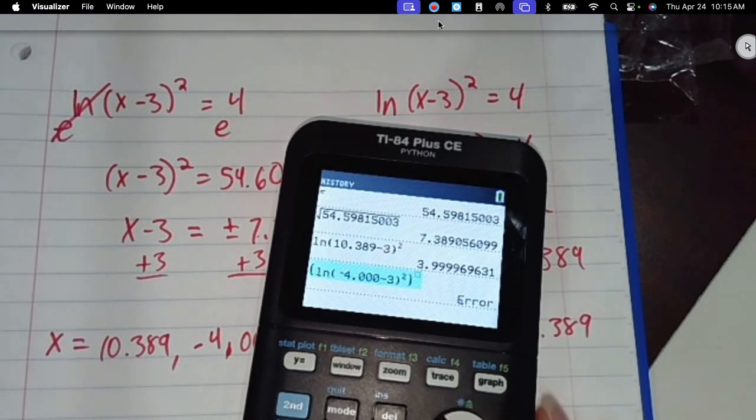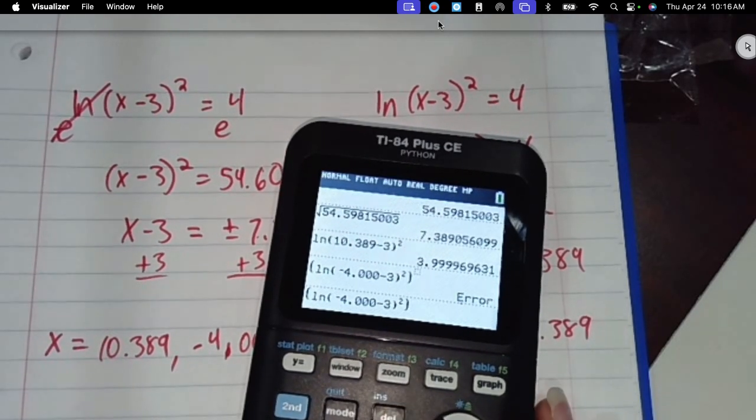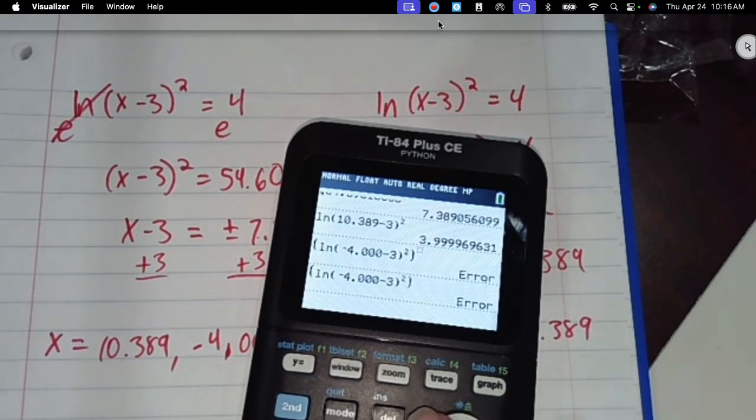Where's it at? I have natural log. I don't need that. Of negative 4 minus 3 squared.